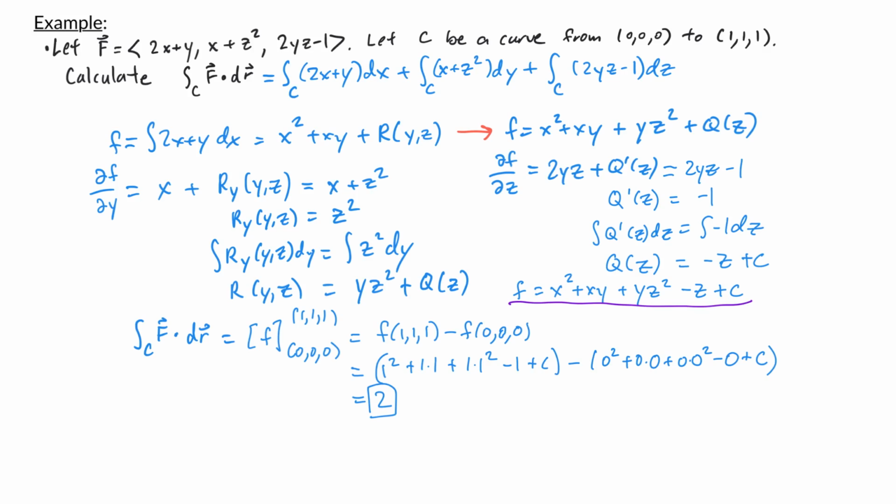So this is how you would evaluate the line integral of F dot dr when you have a three-dimensional vector field and you know it's conservative.